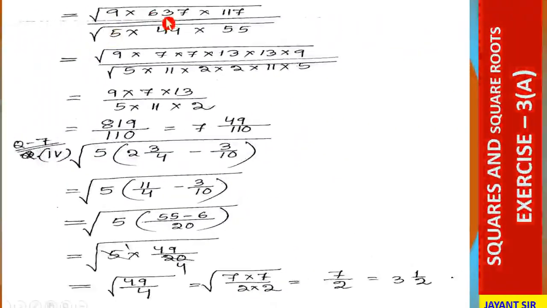That is 9 into 637 into 117, over 5 into 44 into 55.